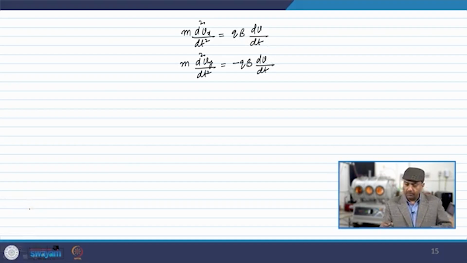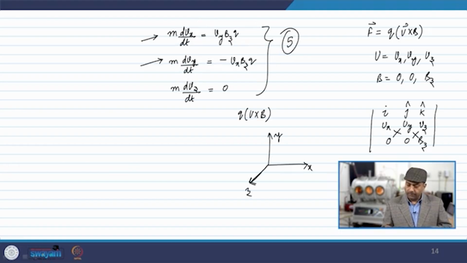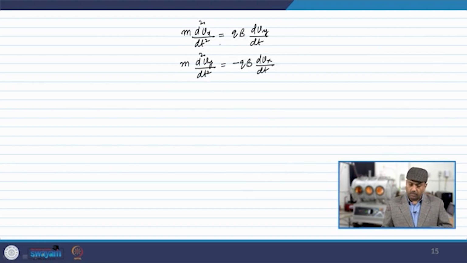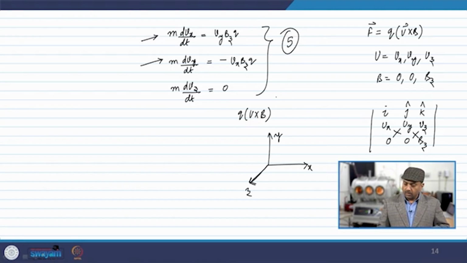You see, you have vy which will appear here, vx which will appear here, and m d square vz by dt square is still 0. Let us call this set of equations 6.